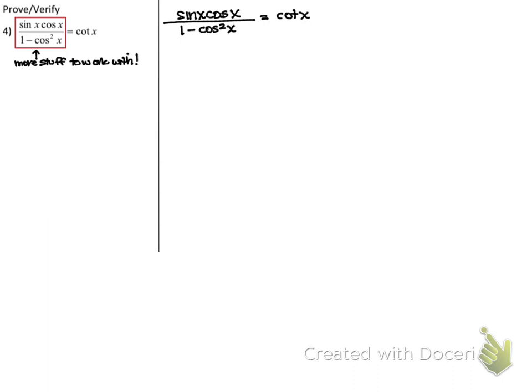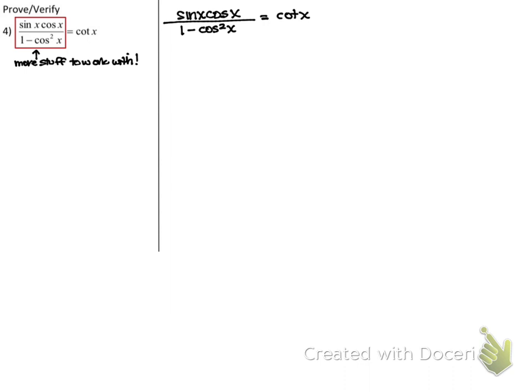I don't need you to show me that 1 minus cosine squared equals sine squared. That comes from the same identity. I don't need you to show me that tangent is equal to sine over cosine. If you see a sine over cosine, you're like, aha, I can pull that together to tangent. Go ahead, you're using an identity. But you can't just randomly create magic and think that, oh, I'm at the end.